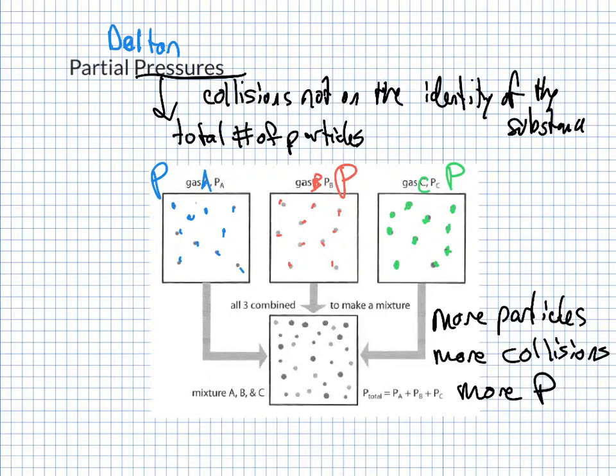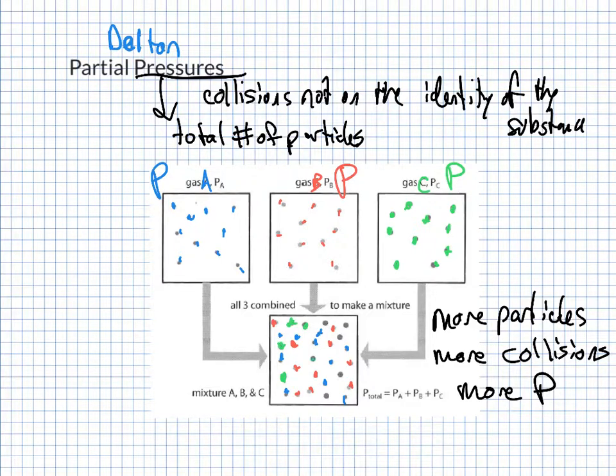So you can take all of these little A particles and shove them into this box. We'll shove them all together. And you can take all of those B particles and shove them all together in this spot, and all of the C particles.